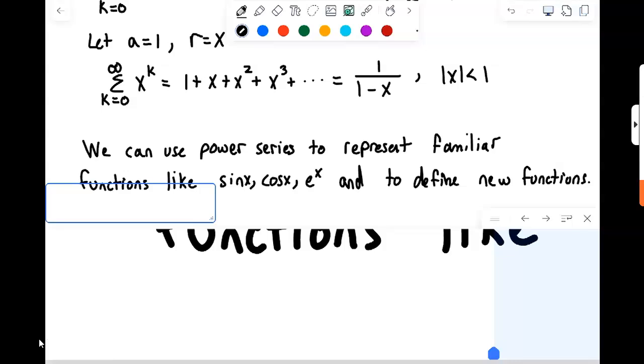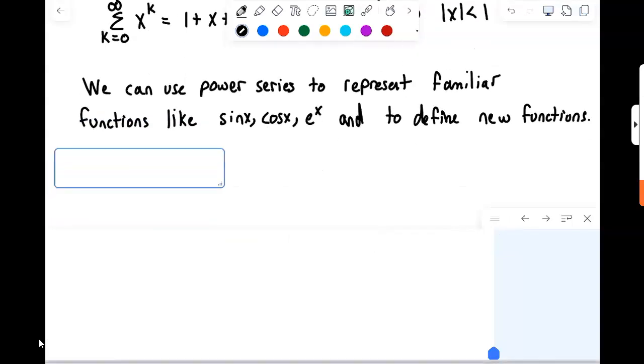Right? We can define new functions. For example, consider this function here.